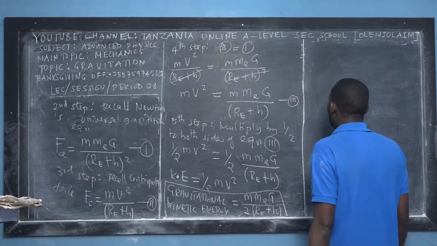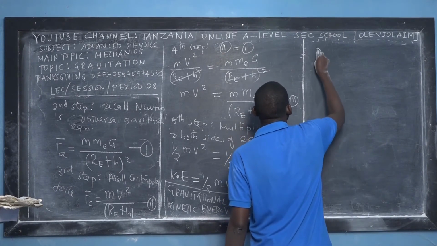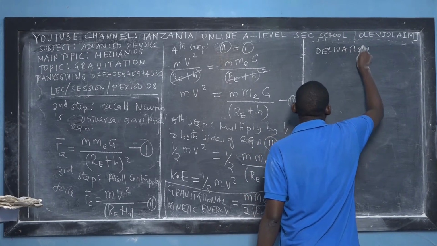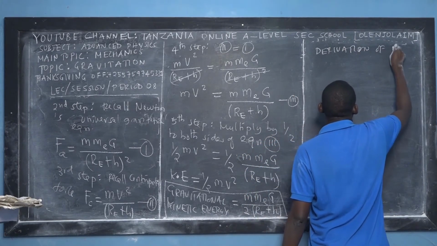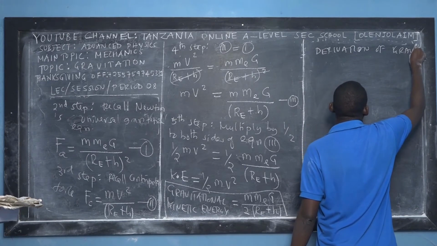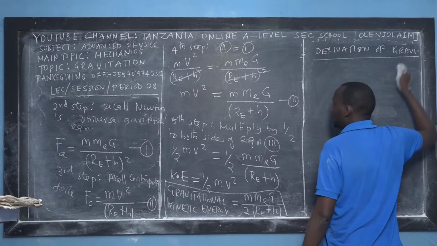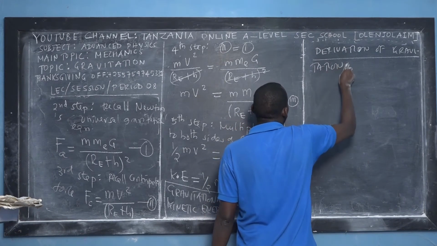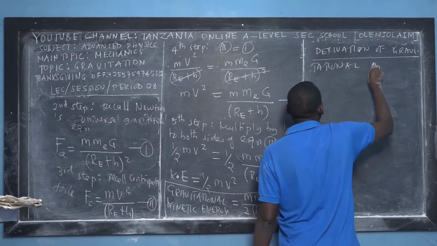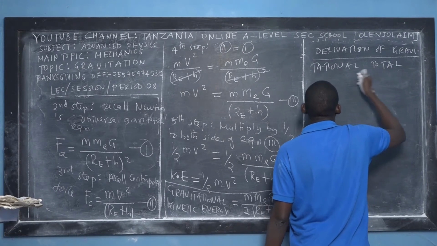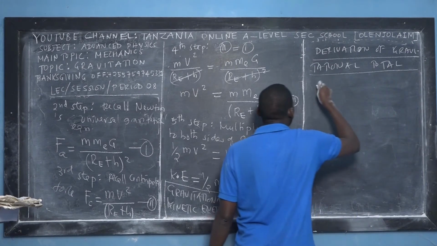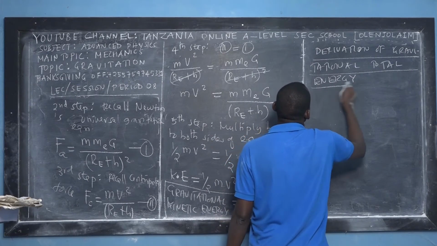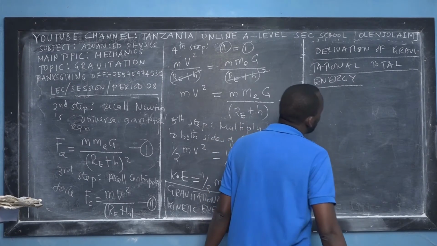So then we go now to the derivation of gravitational total energy, because we say that the satellite possesses both potential and kinetic energy when it is orbiting the Earth.